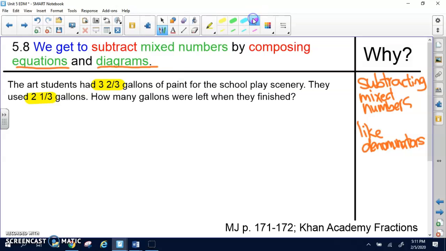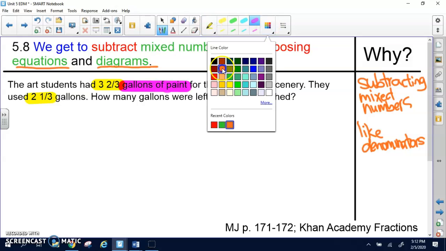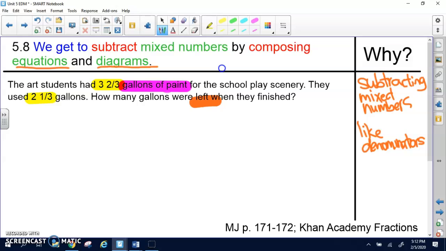They started with an amount of paint, gallons of paint being the whole here today. I'm seeing that they used some, and then they had some left over. Left over tells me that you're going to be using subtraction in order to solve this.